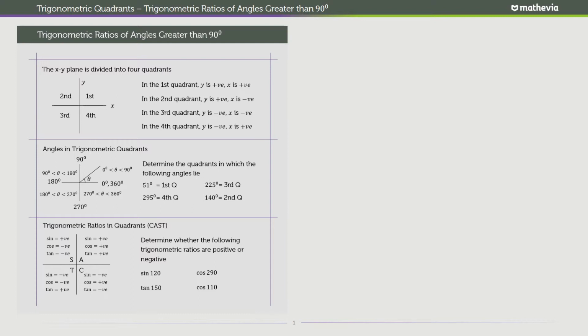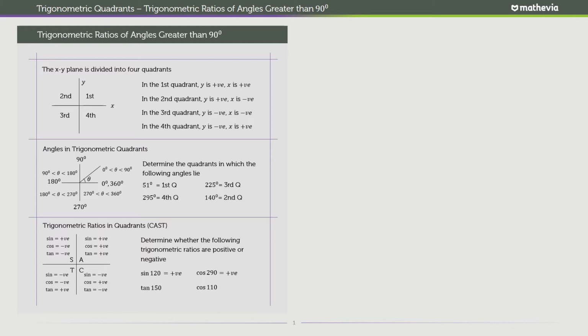Basically, sine 120 is in our second quadrant, because 120 is between 90 and 180, and in that quadrant sine is positive, so sine 120 is going to be positive. Cosine 290 is in the fourth quadrant, and in this quadrant cosine is positive, and for that reason cosine 290 is going to be positive.